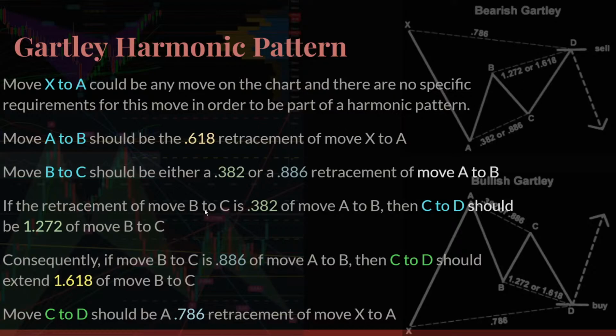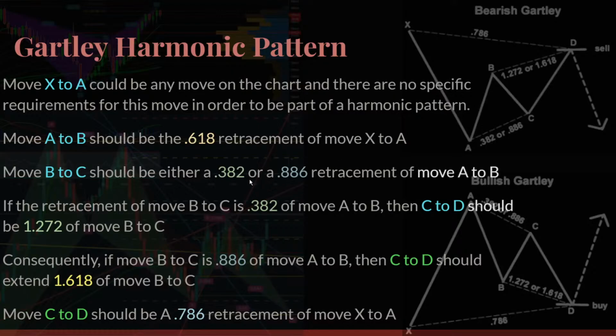So if the retracement of move B to C is a 38.2 of move A to B, which we just went over, then C to D should be a 1.272. So this 38.2 correlates with the 1.27, and the 88.6 correlates with the 1.618.